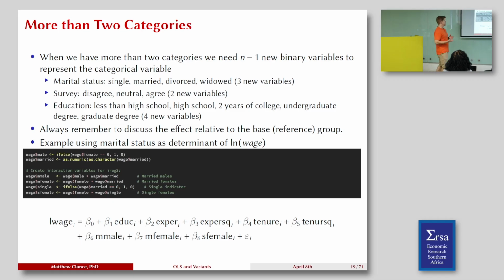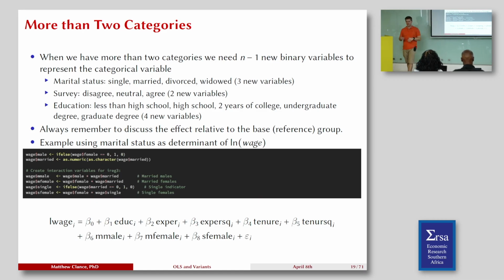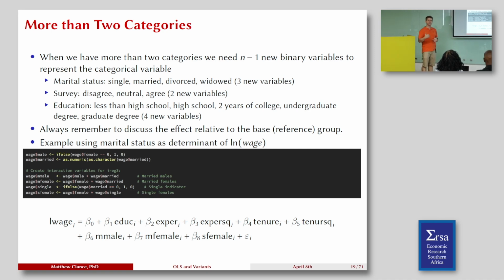And that does clarify a few things sometimes. But always keep in mind, however many groups you have, n minus 1. And always, like I said, make sure that you discuss it relative to that base reference category. That's why it'll help to always make sure that when you're doing it, it works with the motivation you're making for your entire research question.